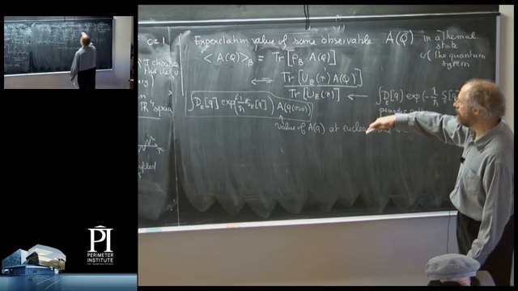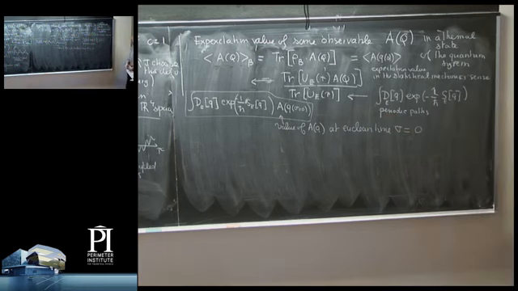It's an expectation value in the statistical mechanics sense. You see? So quantum expectation value of some observables corresponds to the standard expectation value in the statistical mechanics system. Is it clear?